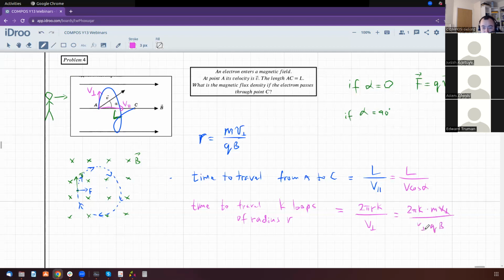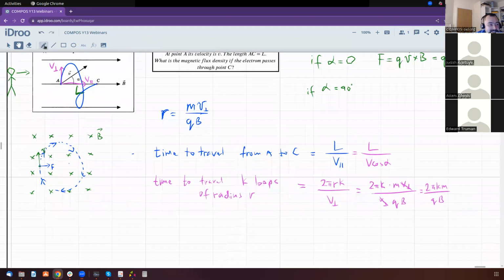You can see the v perpendicular cancels out. So it's 2 pi k m divided by qB. All right. So the particle makes a helix, or k loops, before reaching point C.